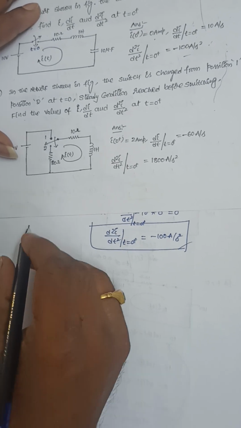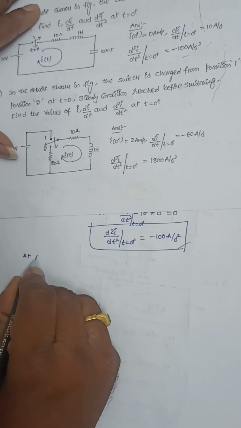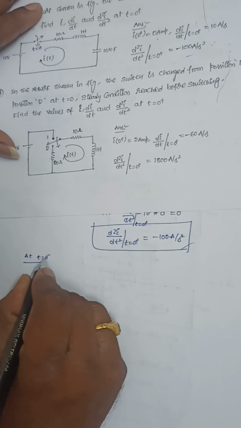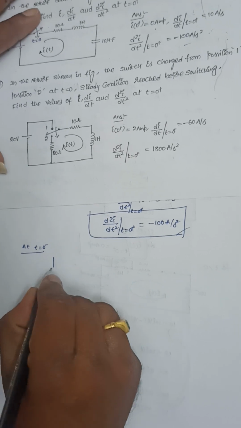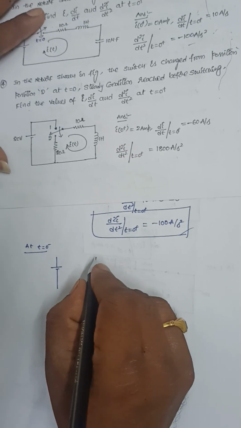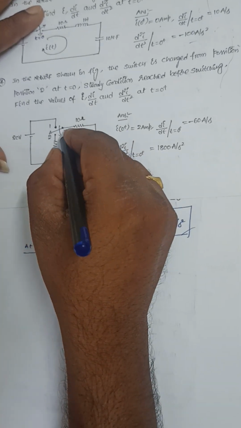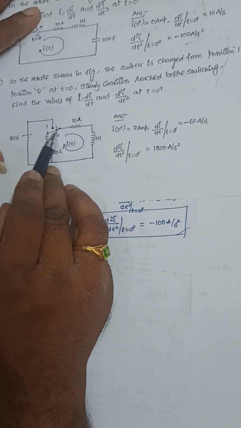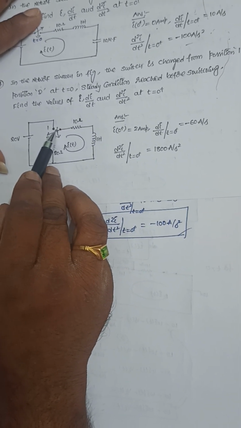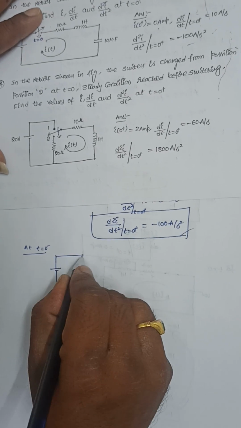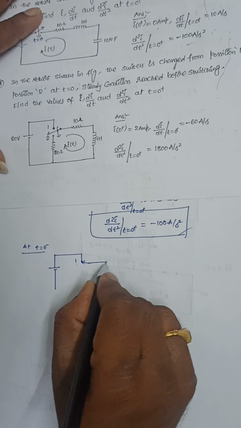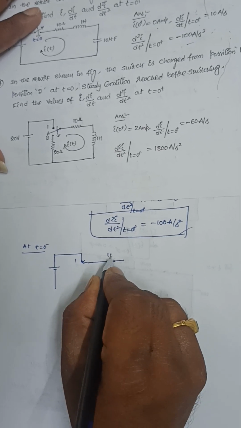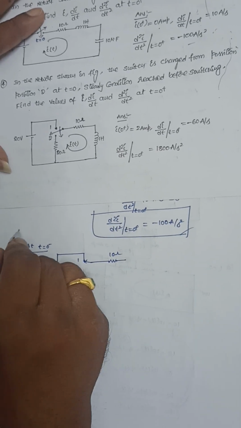The procedure is the same. At t equal to 0 minus, draw the circuit. This circuit is just before the switching action. That means the switch is at position 1, and this is 10 ohms.